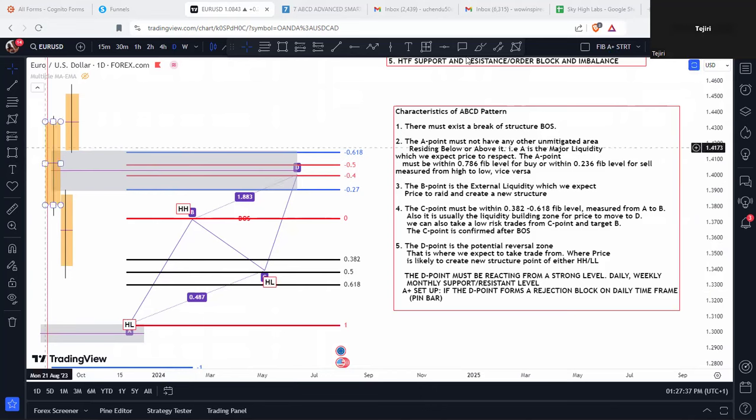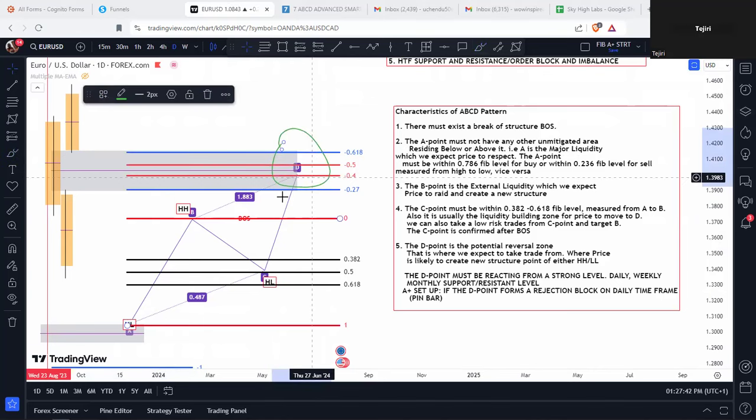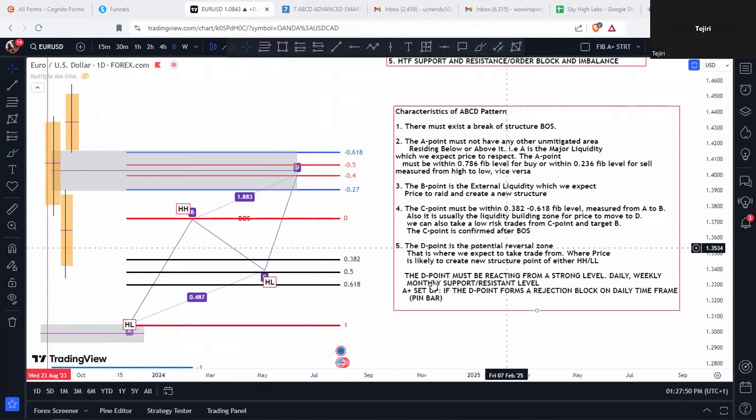So we'll be expecting a 2-hour structure shift for us to be able to sell from here to C point. So that is the ABCD pattern.